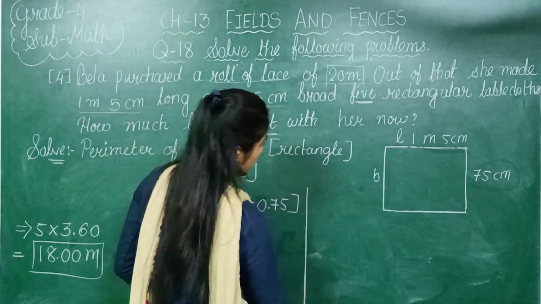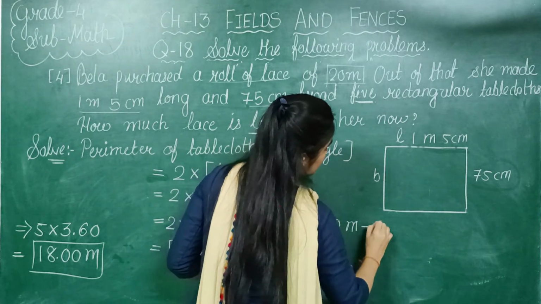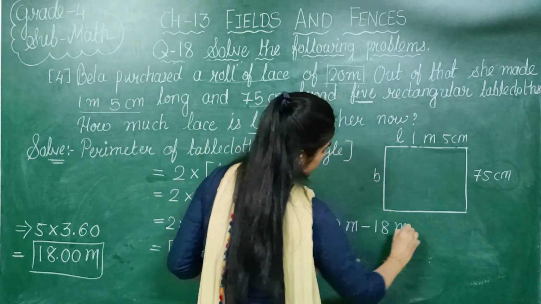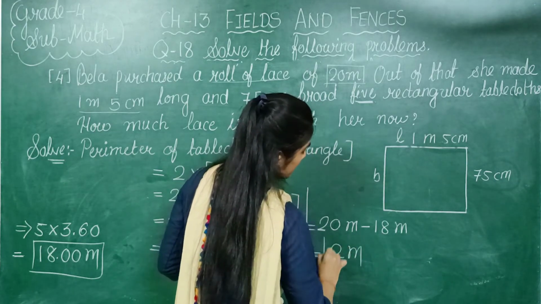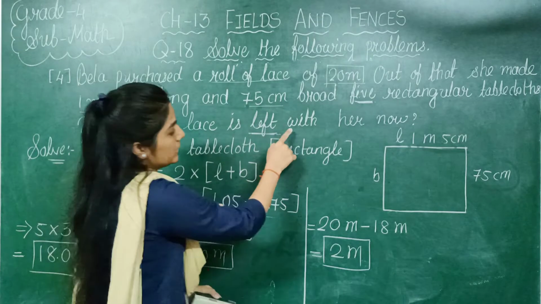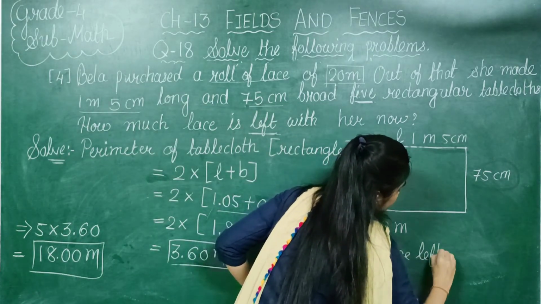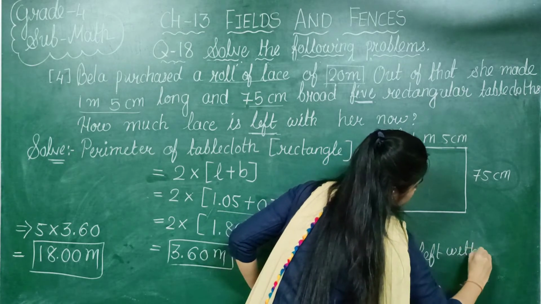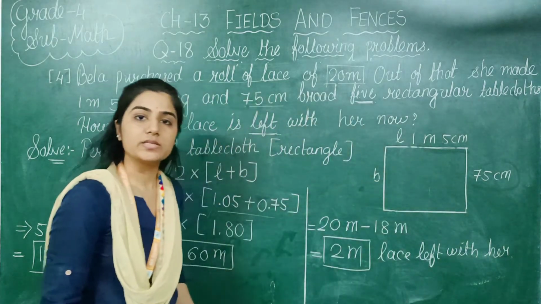From 20 meter we will subtract 18 meter. So we will get 2 meter as the answer. That means 2 meter is left with her. So this is your answer.